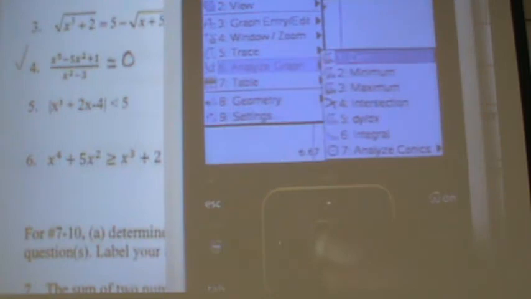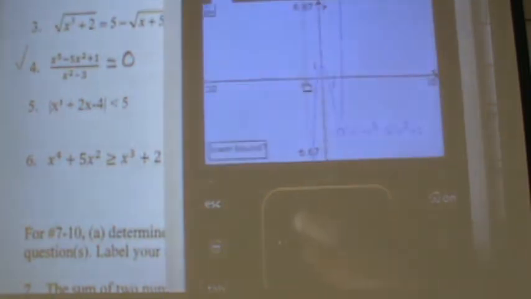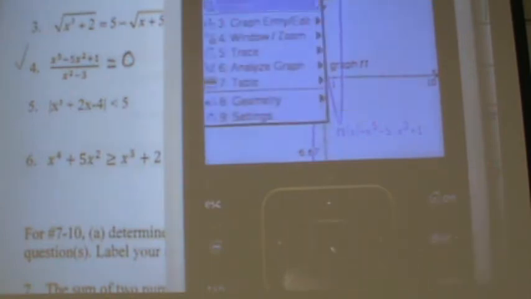Menu, analyze graph, 0, and then menu, analyze graph, 0.